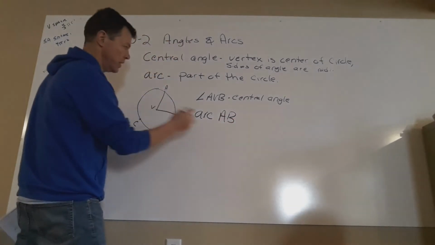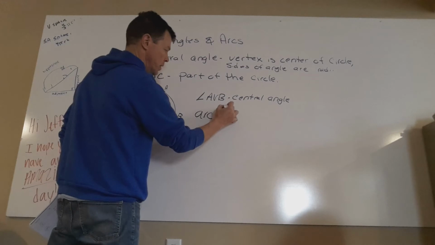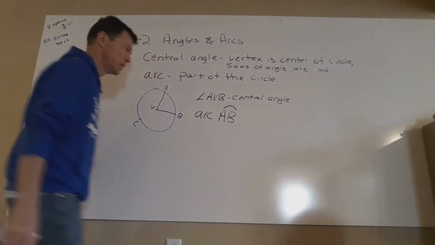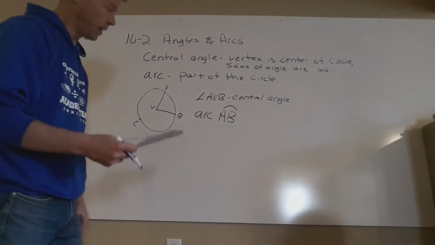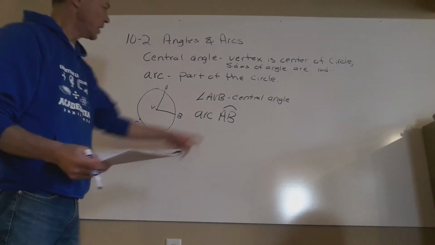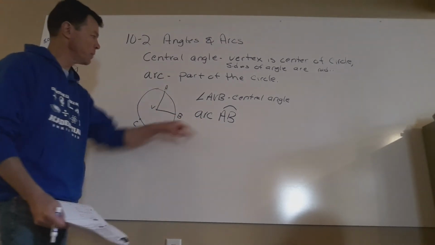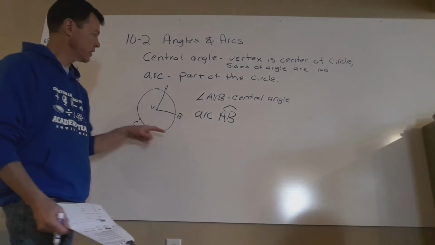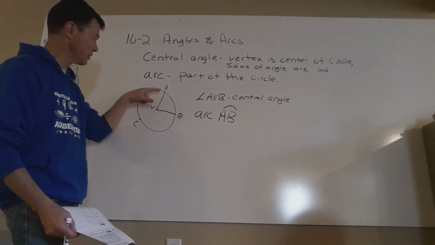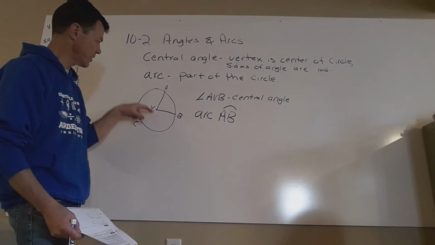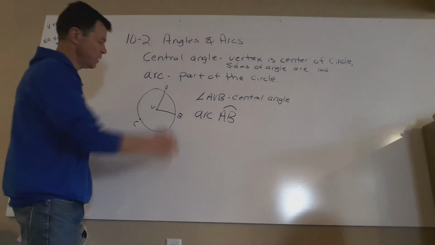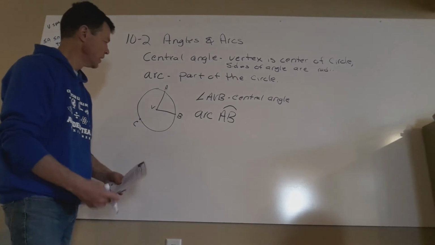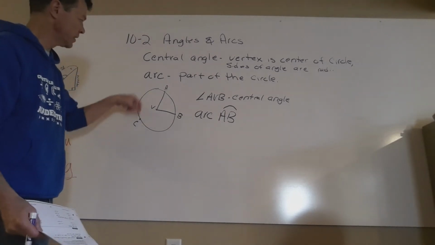And the symbol for this will just be a curved symbol, which just indicates that it's an arc. These arcs can be measured in degrees, and the degrees is actually equal to whatever the degree of this angle is. So if angle AVB is 80 degrees, then arc AB would be 80 degrees.